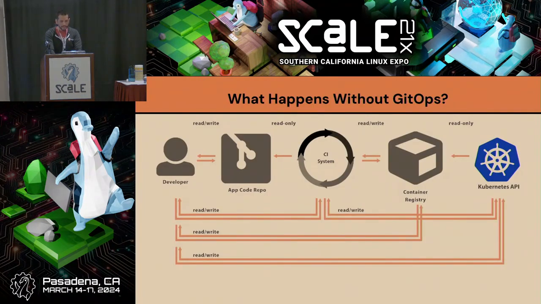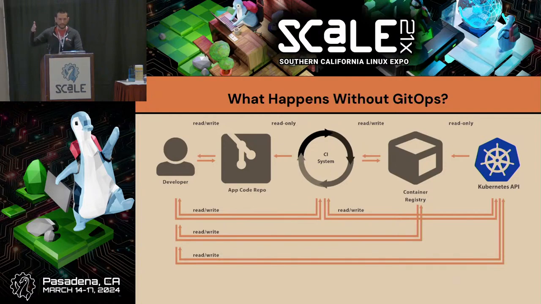I want to go over what happens without GitOps, talking about using kubectl. The main idea behind the graphic here is that any part in this scenario can change your cluster.